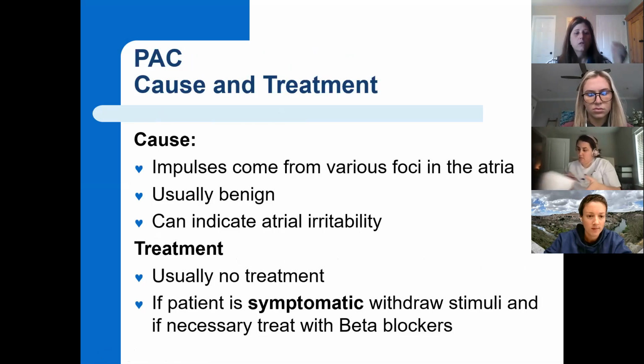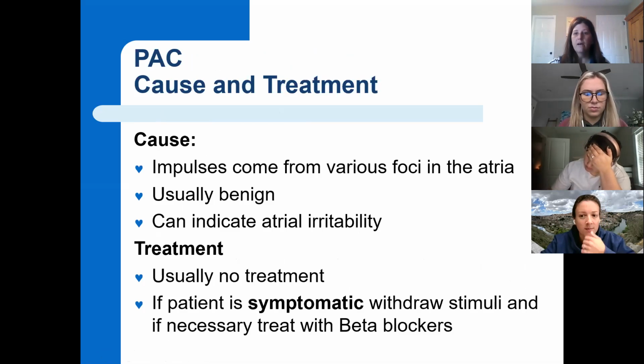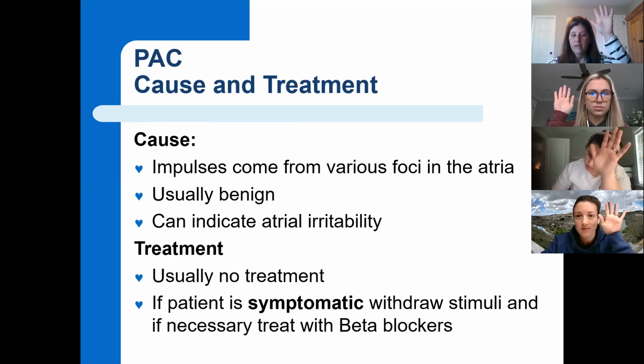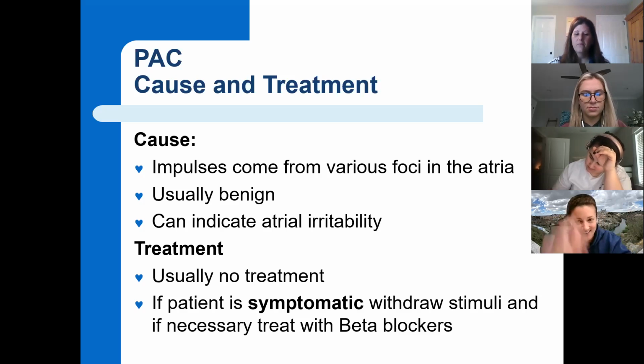Okay? So your causes and treatments are there for you on the slide. Some other causes you might think about: pain, fever, anxiety, exercise, medication. Who drinks caffeine? I can guarantee you're all having a PAC at some time or another. Okay? And probably the more you drink, probably the more you're going to have.